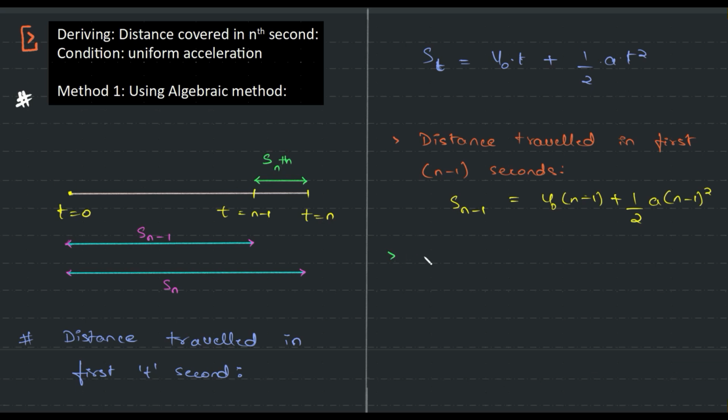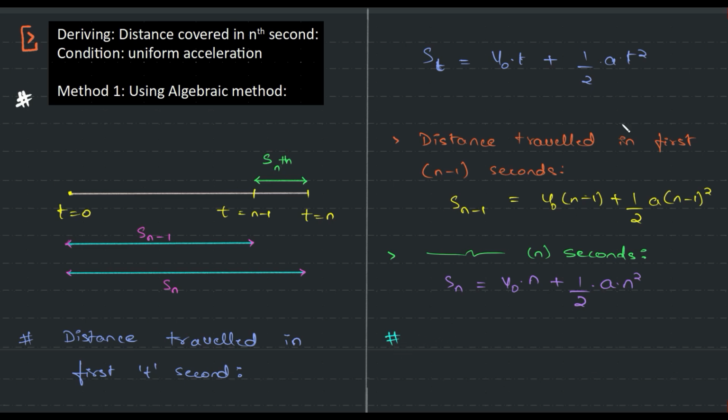And similarly, what do we have? Distance traveled in n seconds, not n second, n seconds. Same thing, so we have Sn is equal to v naught n plus half a n square.